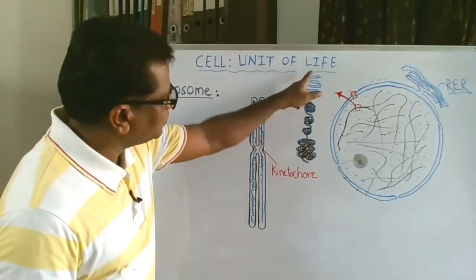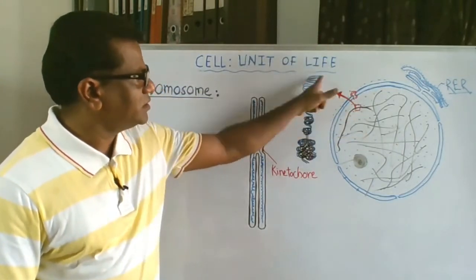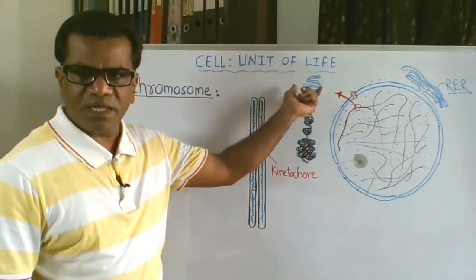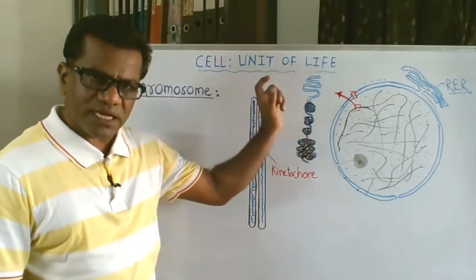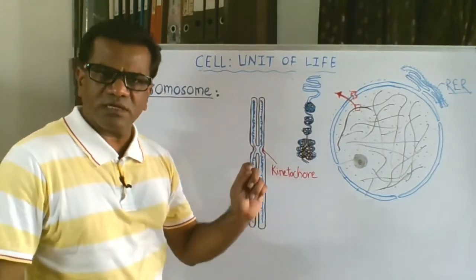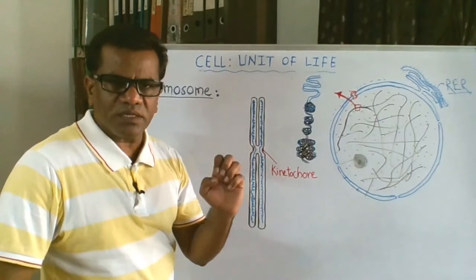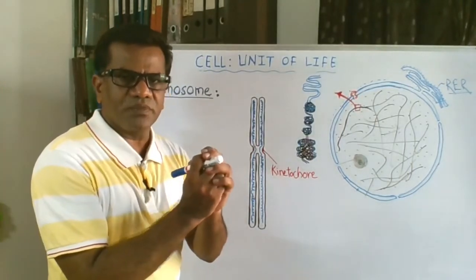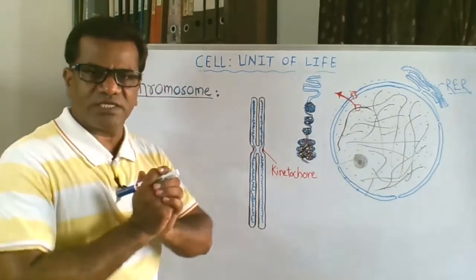I have tried to show here with this diagram. This is the DNA, and this DNA coils around the 8 histone proteins. Histone proteins are the basic proteins. 8 histone proteins come together, they form an octamer of 8 histone proteins, eight in number.